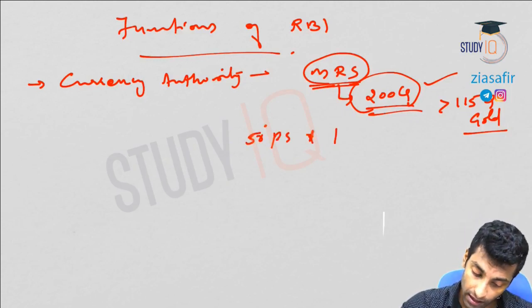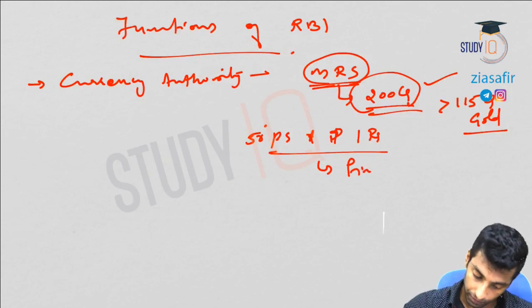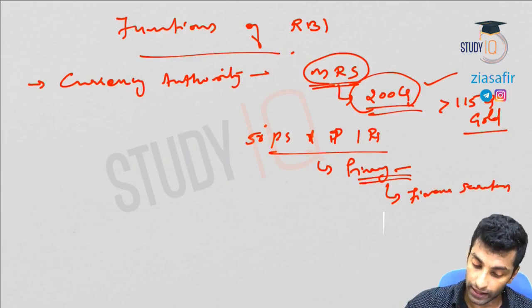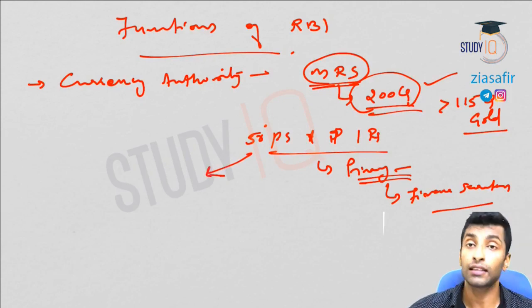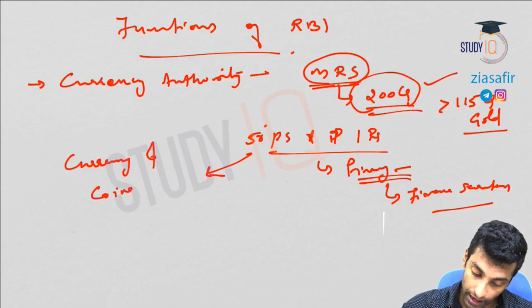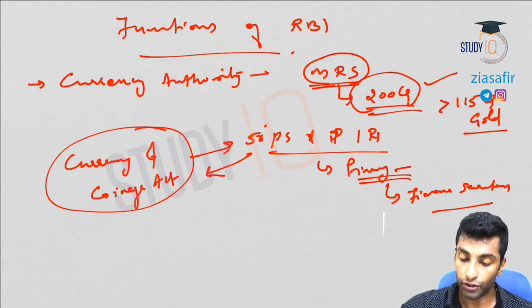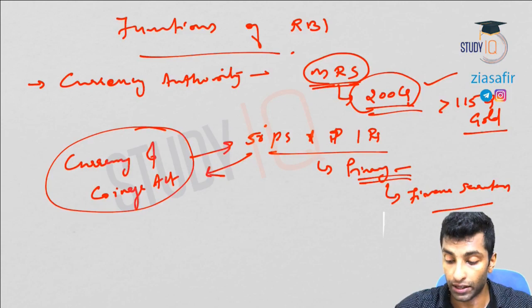See, 50 paisa and 1 rupee are printed by the finance ministry. And who signs this? The finance secretary signs this, right? Which is done as per which act? The Currency and Coinage Act. So under this act, 50 paisa and 1 rupee is printed by the finance ministry, and the finance secretary signs this.